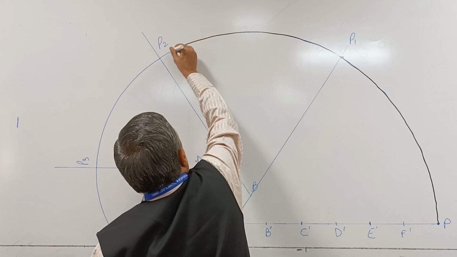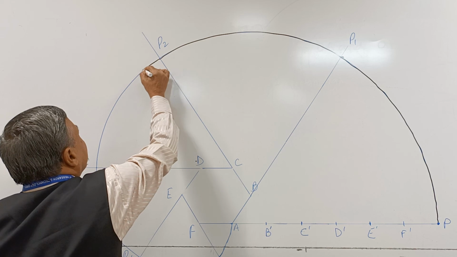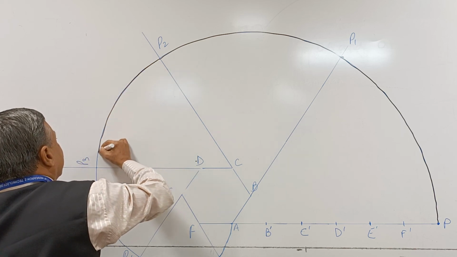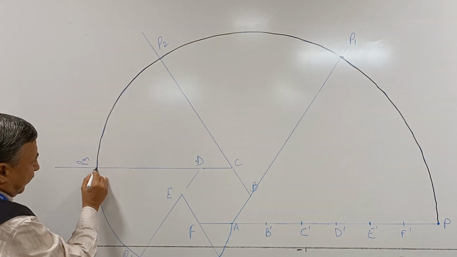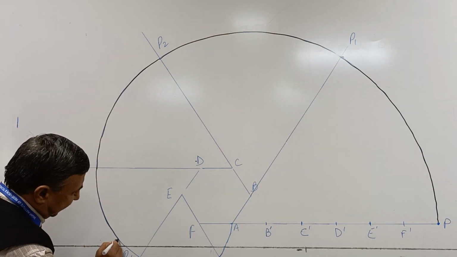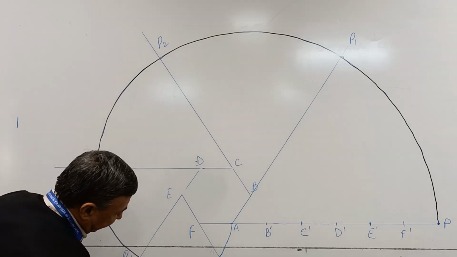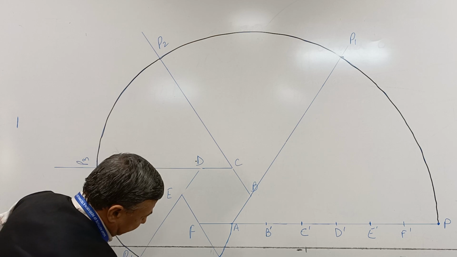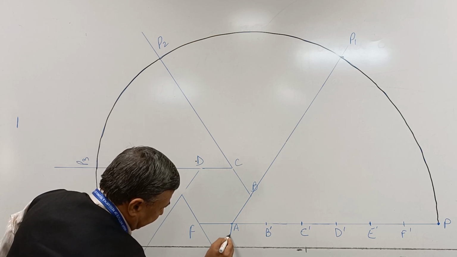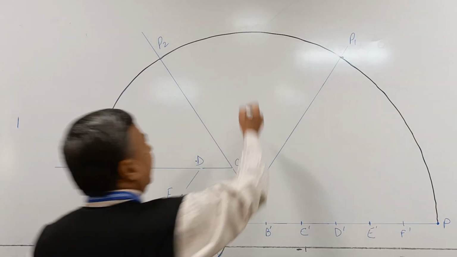Do not try to draw without compass. So this is our involute of hexagon.